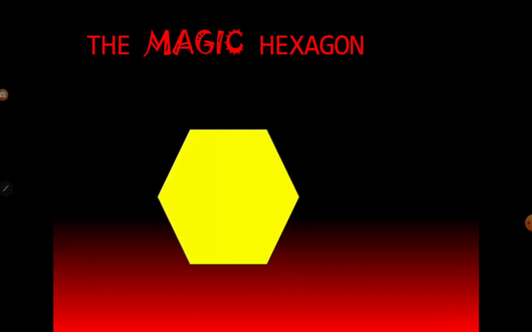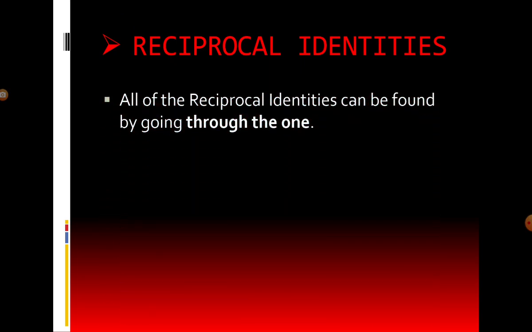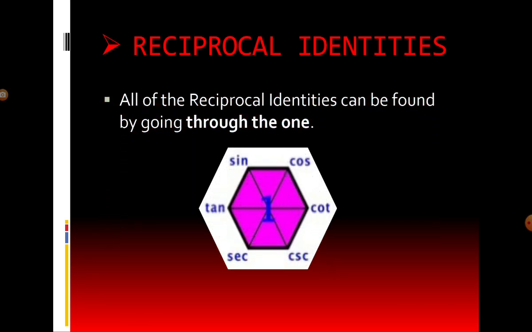Now we have some identities, that is reciprocal identities. Again we have our super hexagon. We'll use this super hexagon for all the identities one by one.